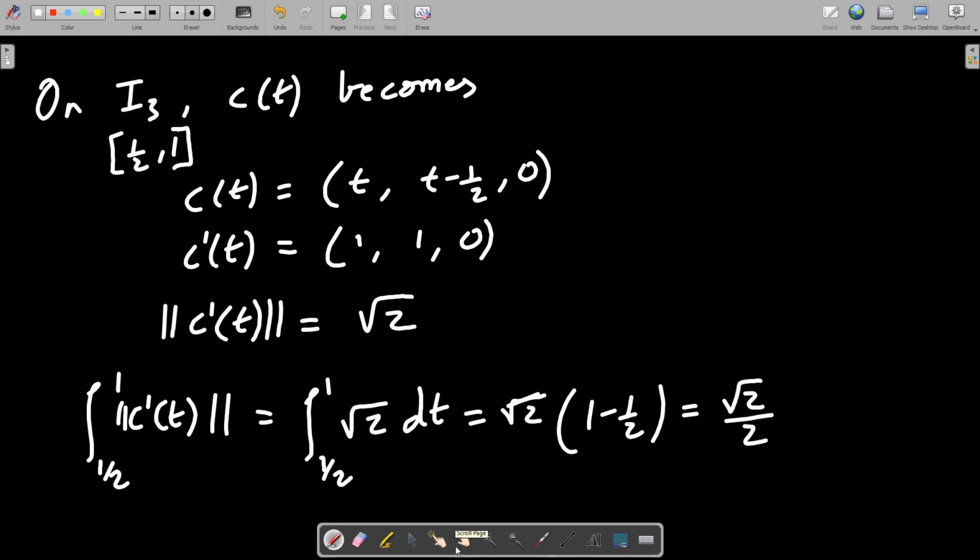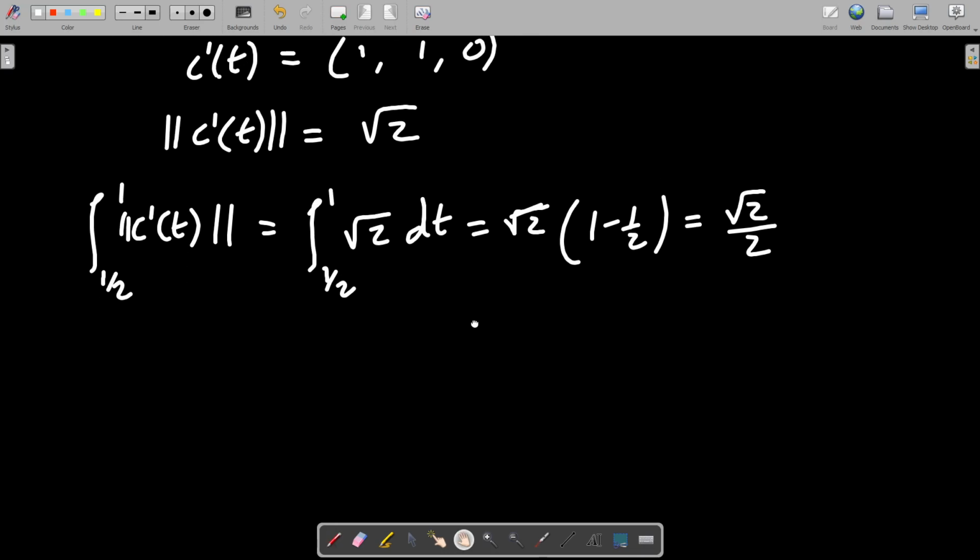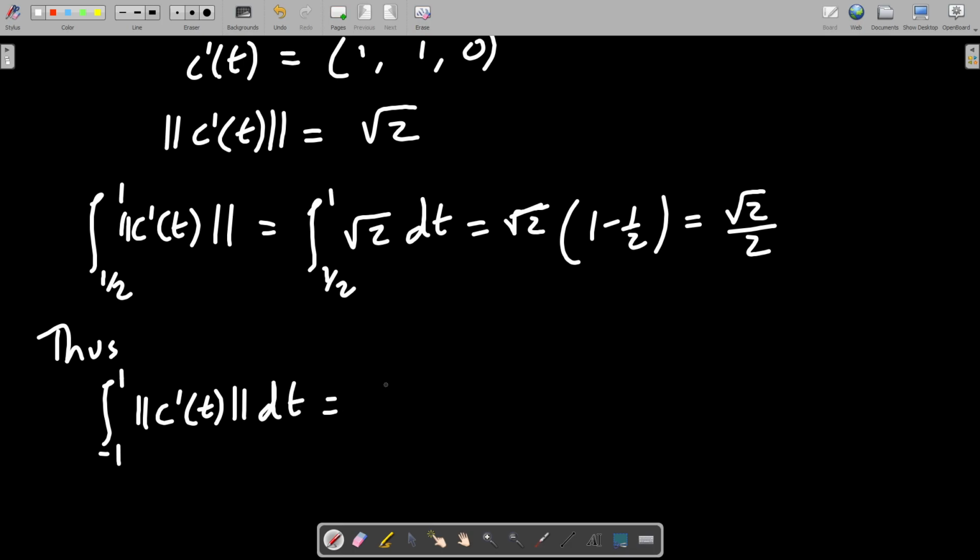So we calculated the total thing. Thus the integral from minus 1 to 1 of the modulus of c prime of t dt is going to become equal to minus 1 to 0 plus 0 to half plus half to 1.